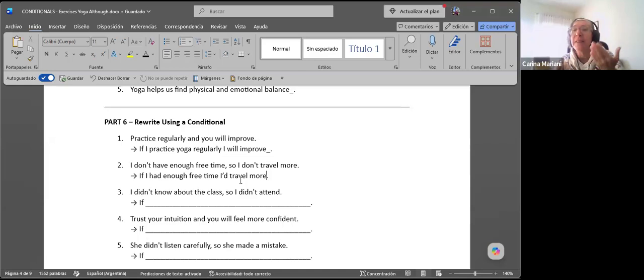Not because you are referring to a past situation, but to a situation that is less probable than the situation in the first conditional. Como no tienen subjuntivo en inglés, se usa el pasado para expresar que la situación es menos probable, pero no para decir que algo pasó en el pasado. If you have to translate it into Spanish, we say si tuviera. Okay. So, number 3.